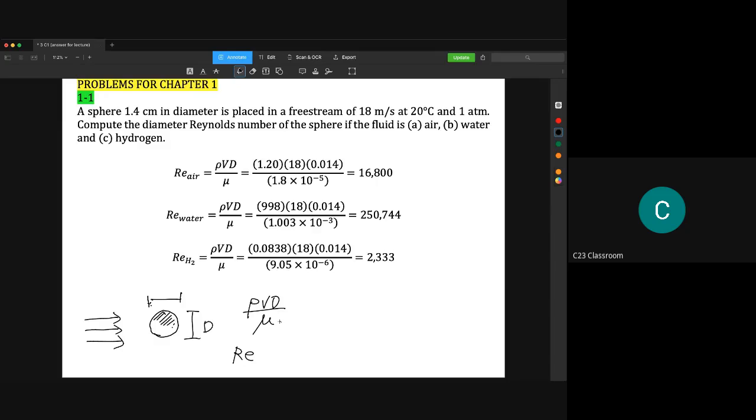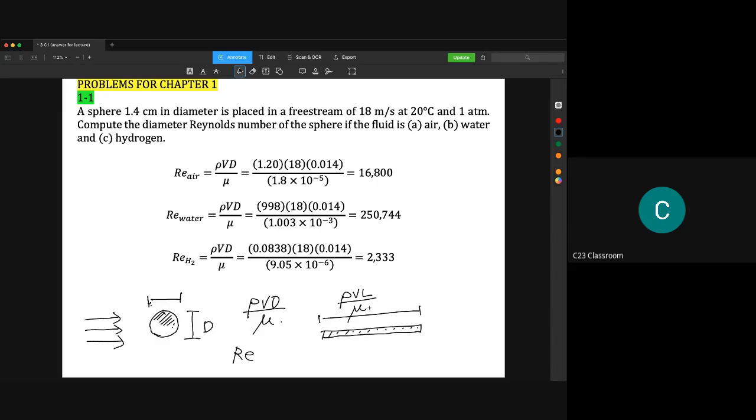If the object that we have is a flat plate like this, the flat plate will not have a diameter, so it is okay for us to take the length of this plate. Then the equation will change into rho V L over mu.